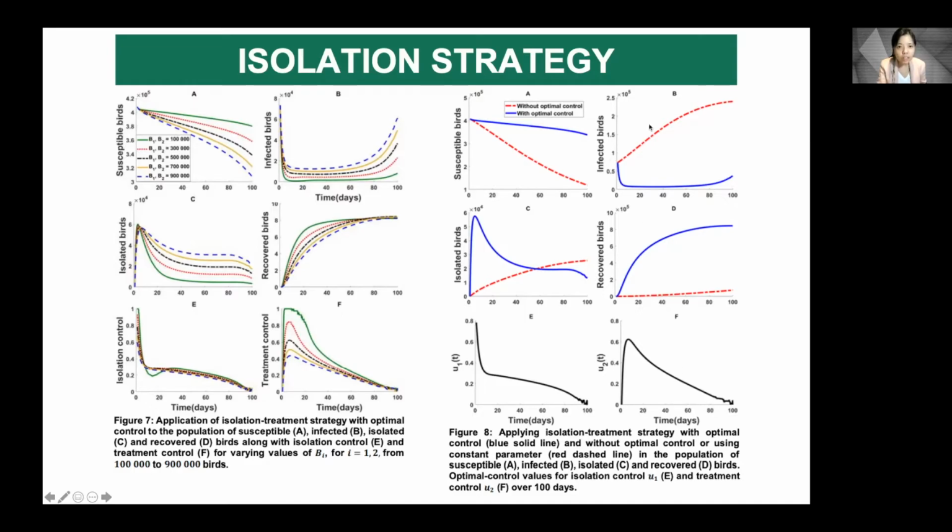Without control, this is the population of the infected birds. In applying the optimal control, we were able to minimize it with these control strategies. And with different varying birds population, B1, B2, these are the different simulations that can be generated with different optimal control values.